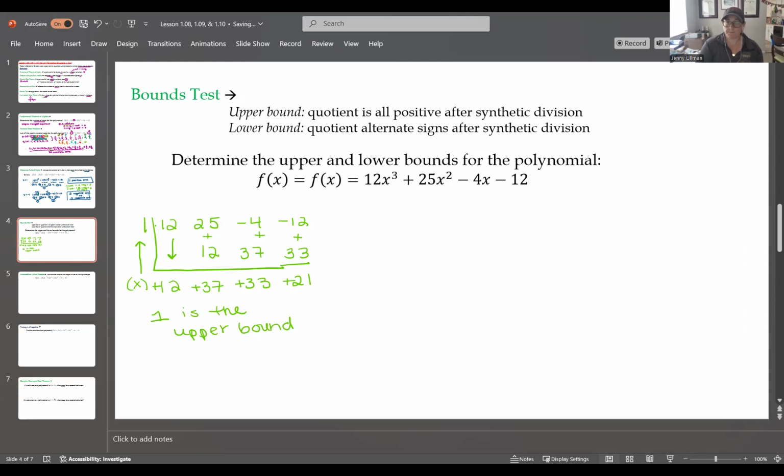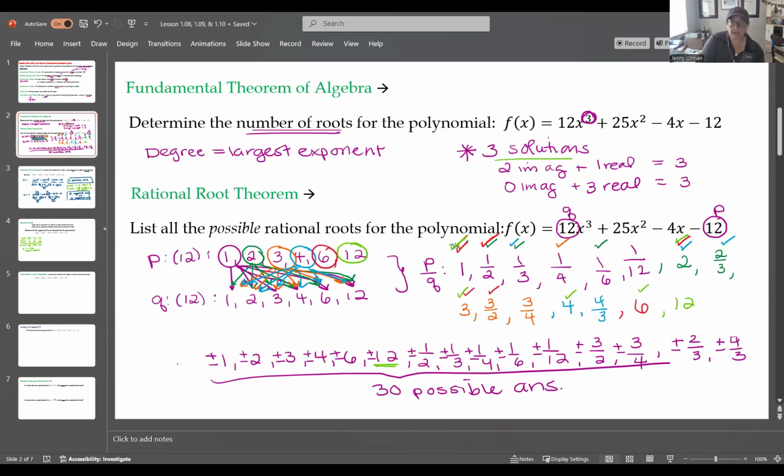That means none of the answers I'm looking for can be bigger than 1. The largest possible answer I can have is 1. So if I go back to that list that I made, I can get rid of anything bigger than 1. Positive 2 is gone, positive 3, positive 4, positive 6, positive 12. All of those are gone. Positive 3/2, positive 3/4.